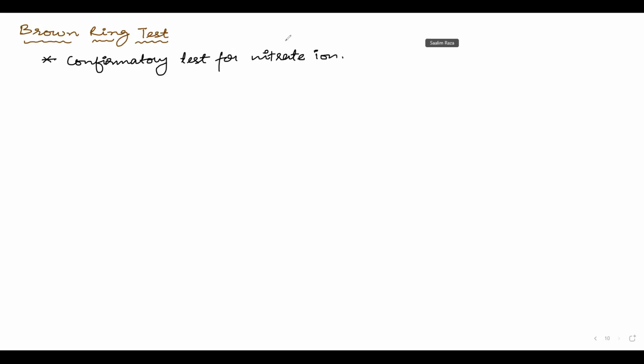Okay, if you have nitrate ion, this is a confirmatory test for it. What are the things that you need? First of all, you need a salt which contains nitrate ion. Okay, so you have a salt. You have to take this in water, salt with NO3 negative. It should have a nitrate ion. Next, we add FeSO4. This is freshly prepared.